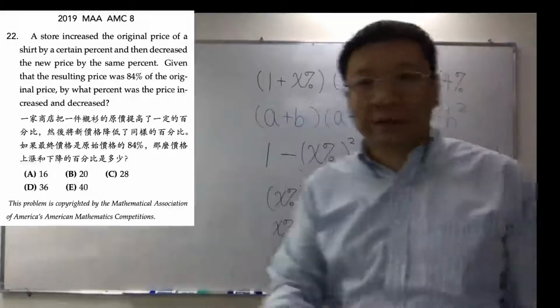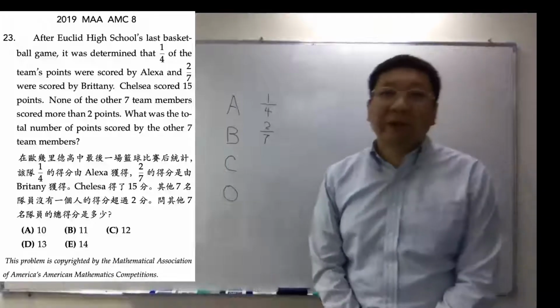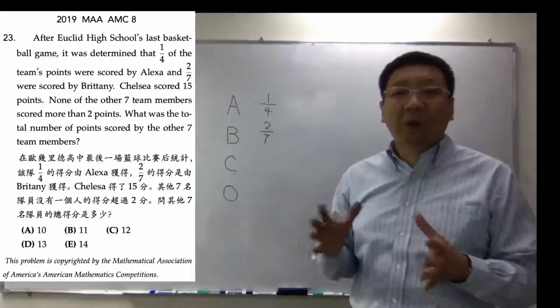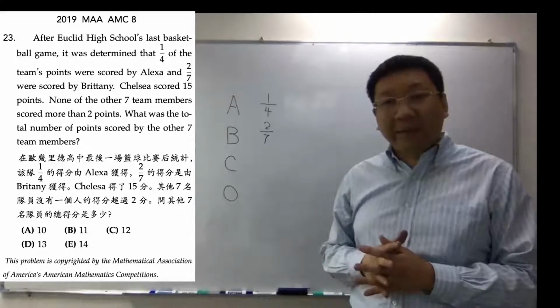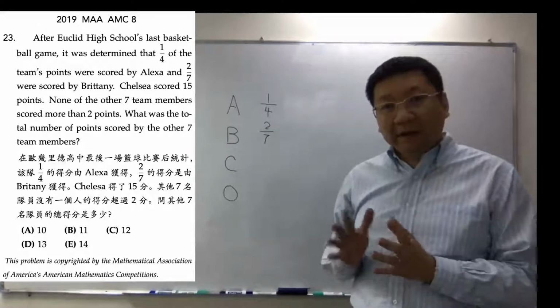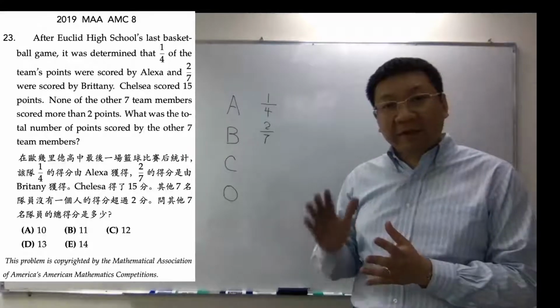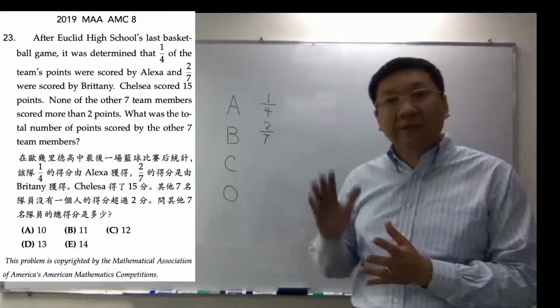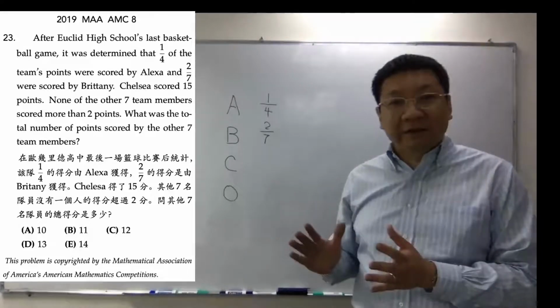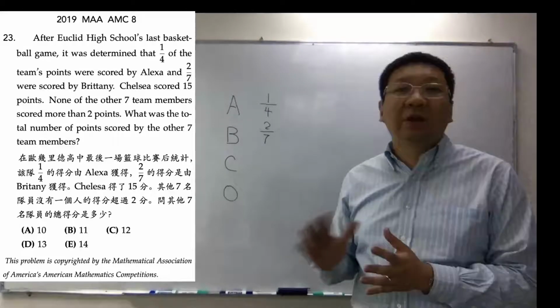That is question 22. Question 23 is probably the hardest word problem in this computation. However, if you use the right method to set up the unknowns or to set up the units, you will see this is a straightforward question.